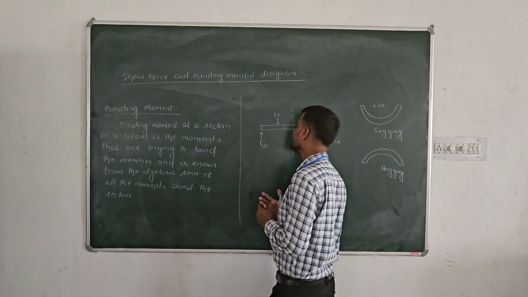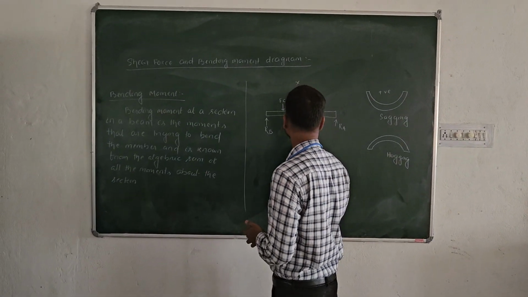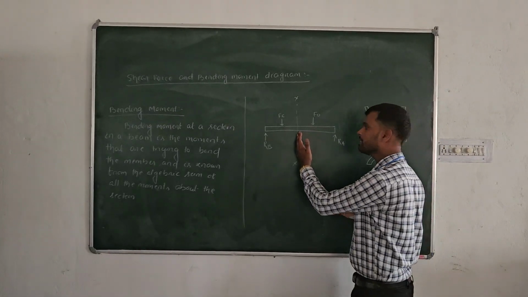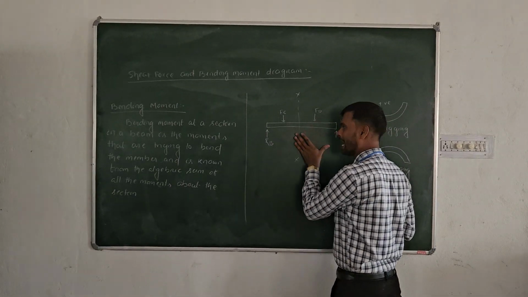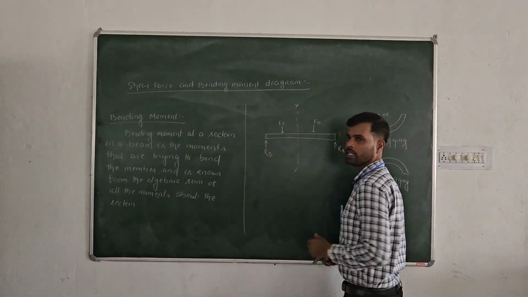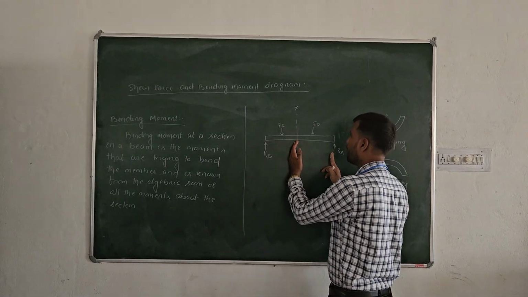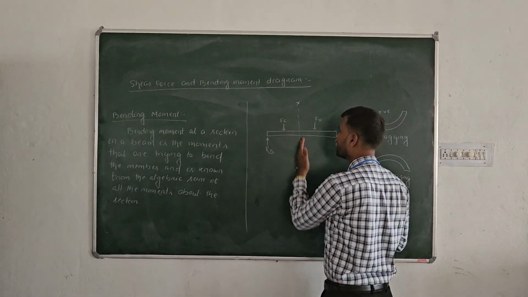If we tell it quantitatively, what is it? Suppose I want to calculate the moment about the section XX. The moment at section XX is nothing but the algebraic sum of the moments of all the forces acting on either side of the beam. Suppose I am taking the right side of the beam, the moment of RA plus the moment of FD is the moment acting at point XX.